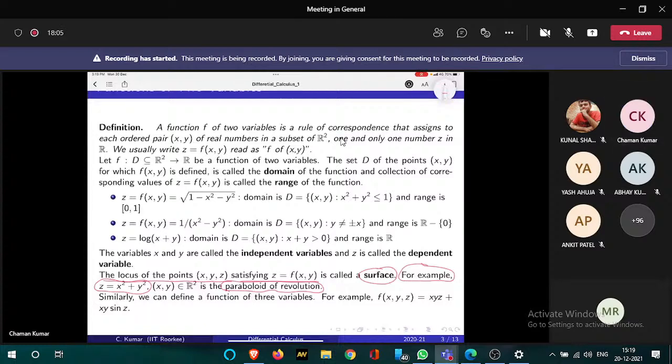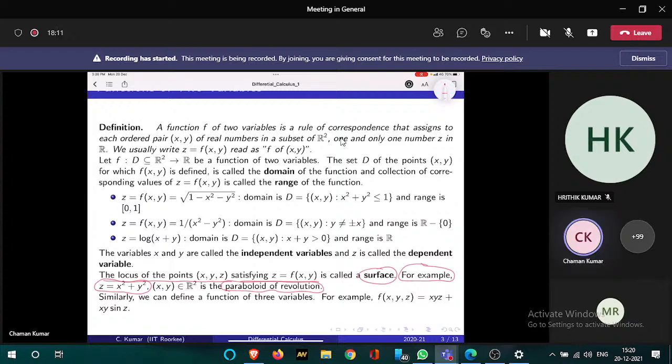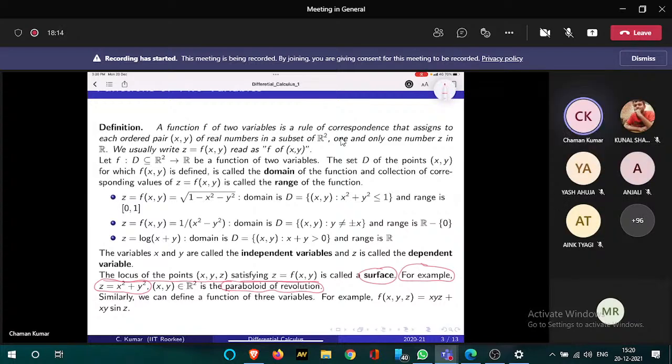In the same way, everything that we have seen up to now can be extended to a function of three variables. You just write the function of three variables, replace 2 by 3, and replace the ordered pair by x, y, z, and you get one and only one unique value, let's say u instead of z.